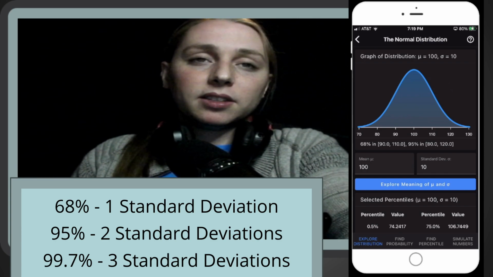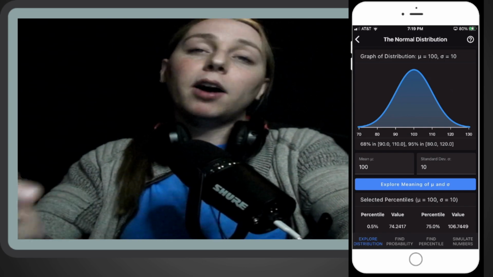So what this means is if our standard deviation is 10, one standard deviation above the mean is 110, and one standard deviation below the mean is 90. If I could draw an imaginary line up from 90 and up from 110, that would be one standard deviation from the mean on both ends, meaning that 68% of all the values would be within those.